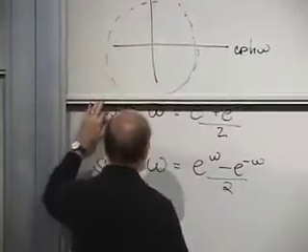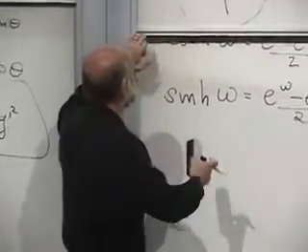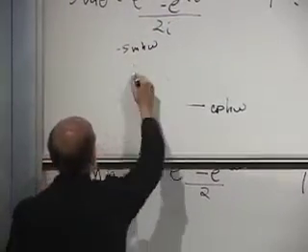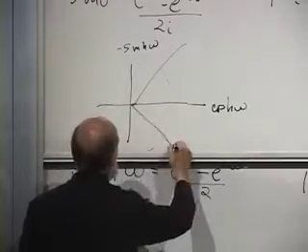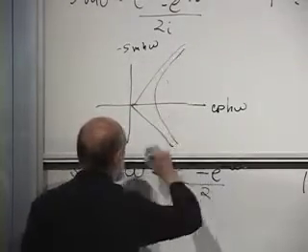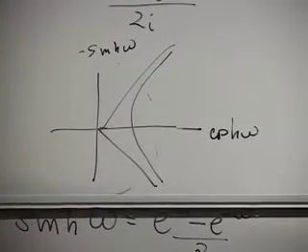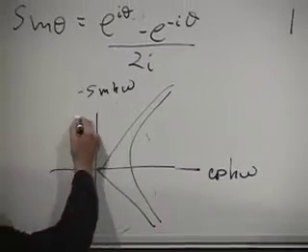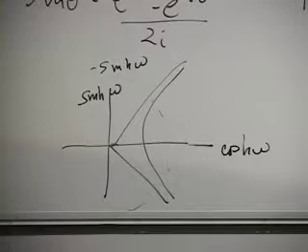Then this is a hyperbola, not a circle, but a hyperbola. And it's a hyperbola with asymptotes that are at 45 degrees. Let me show you why the asymptotes are at 45 degrees.